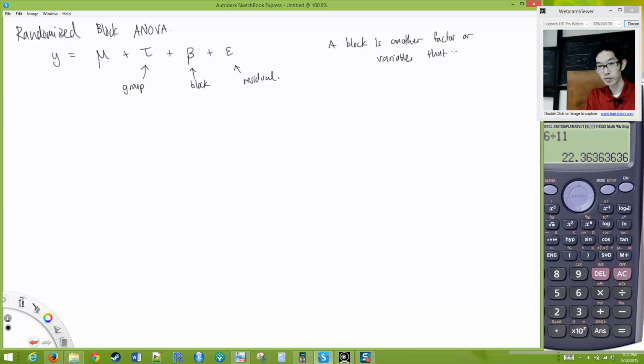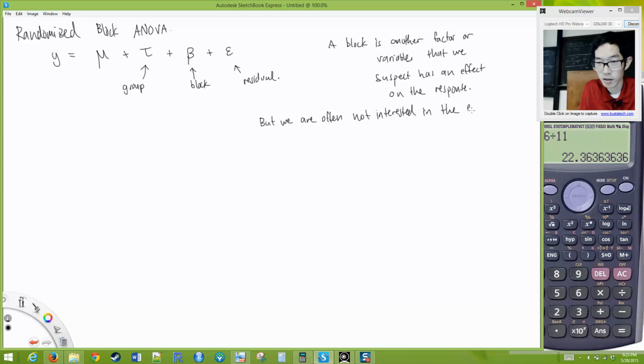But we often are not interested in the effect of the block itself. But we don't want it to mess up our model, so we include it in our model in the analysis.